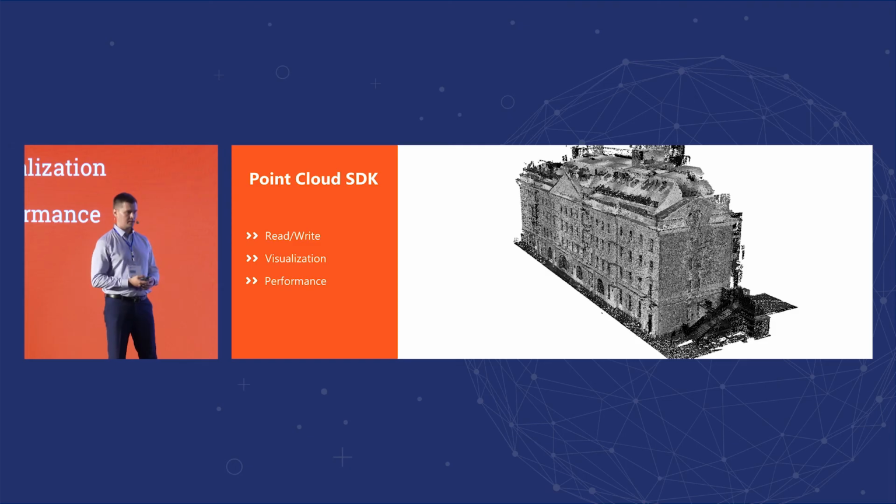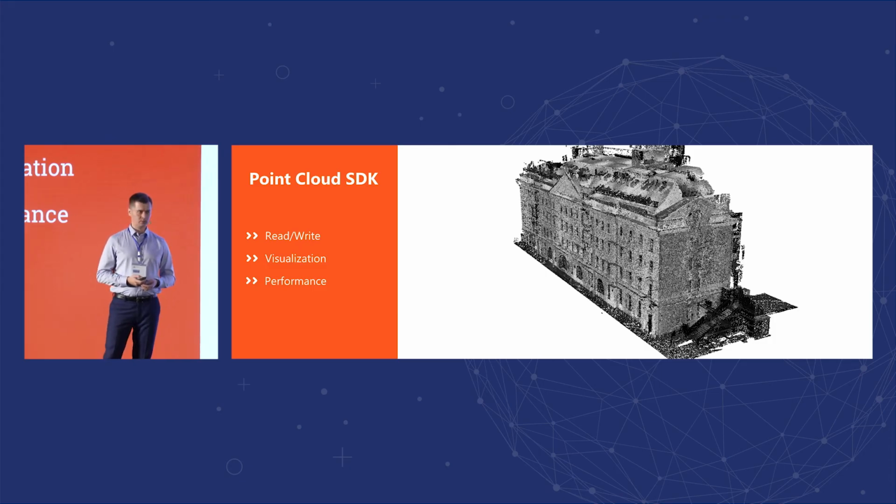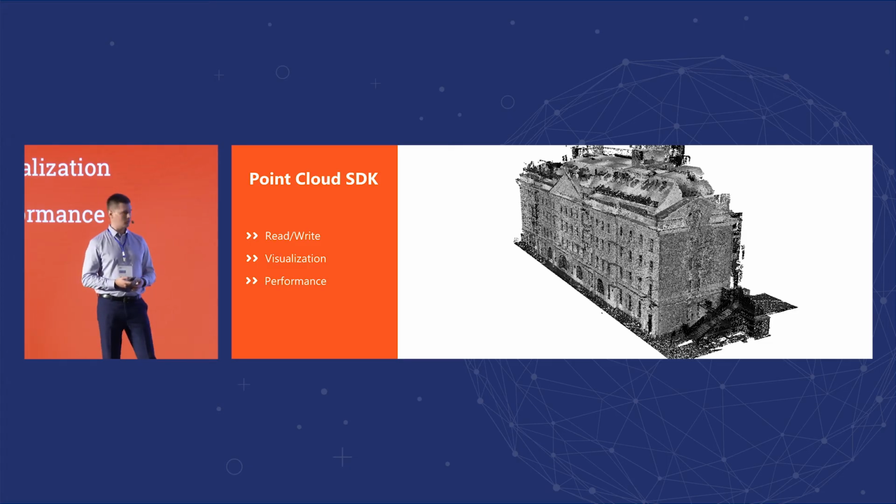And here a set of complex measures should be taken, but I can say that we successfully overcame this task. And what we have now, we are able to leverage all the benefits of the RCS format.